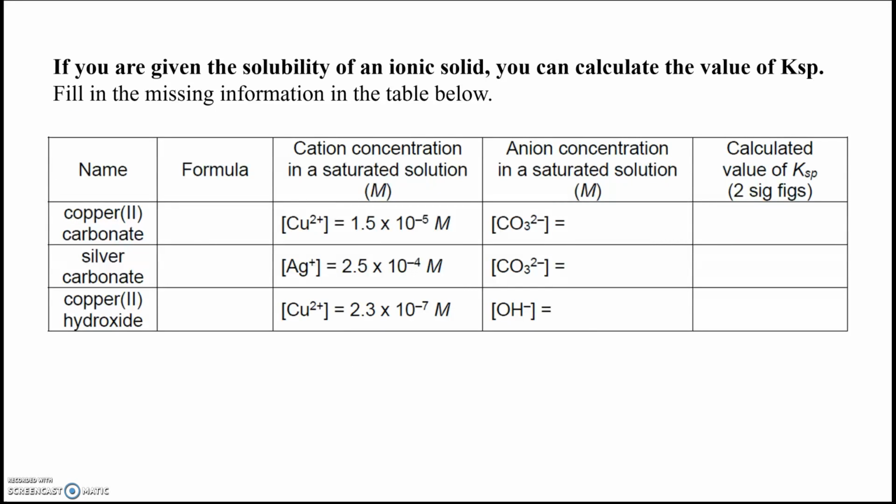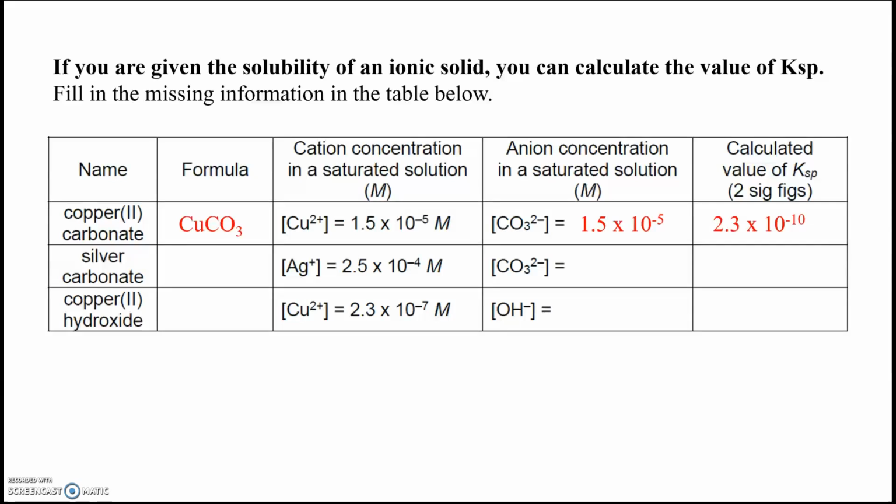Now, if you're given the solubility of an ionic solid, you can calculate the value of the KSP, and now we're asked to fill in the table. So our formula and our anion and cation concentrations are going to be written there, and we can get this because we know we can write the equation and see the stoichiometry requires these to be the same.